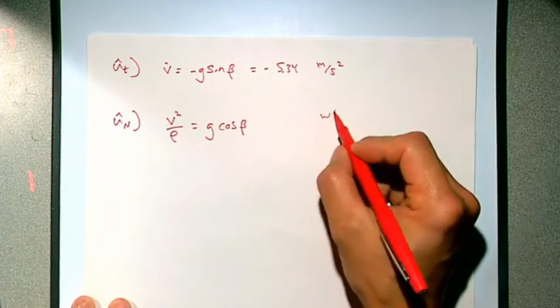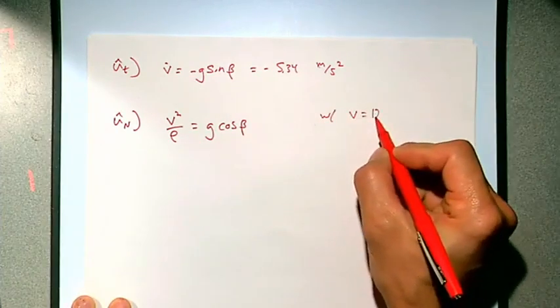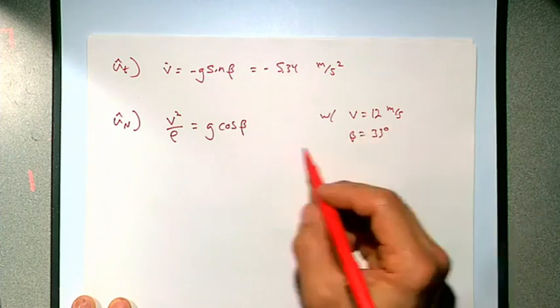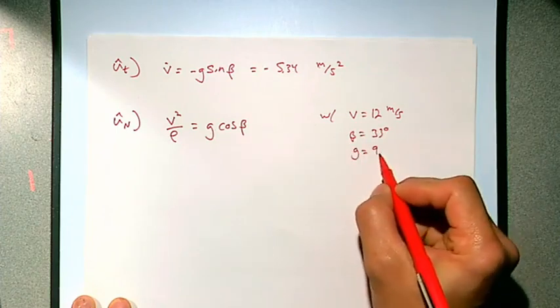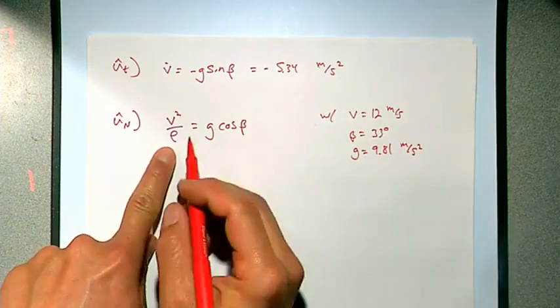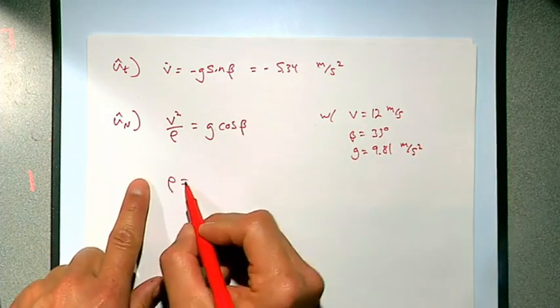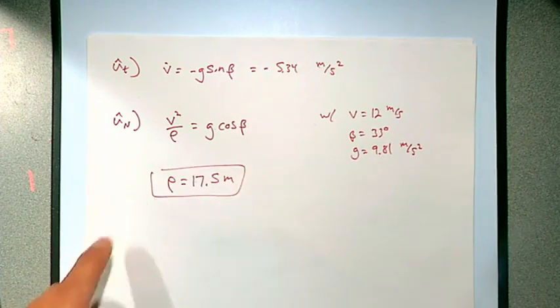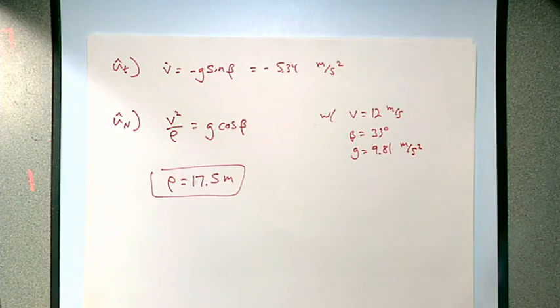So this is with v equal to 12 meters per second, beta is 33 degrees, and g is 9.81 meters per second squared. Rearrange things. Our radius, 17.5 meters.